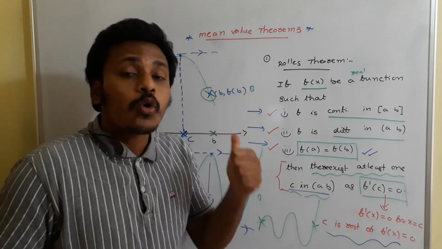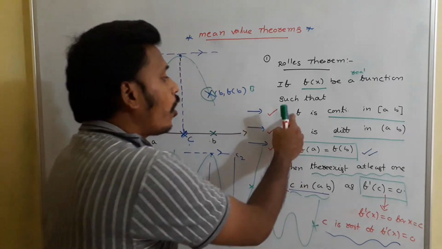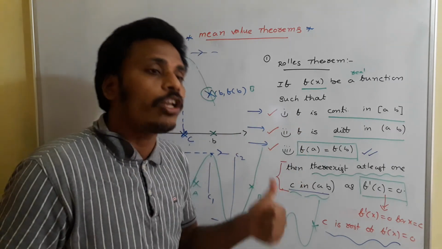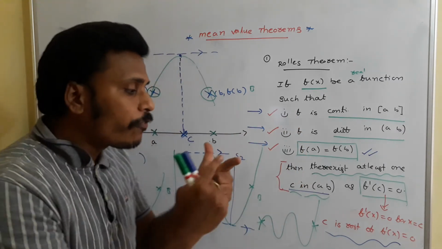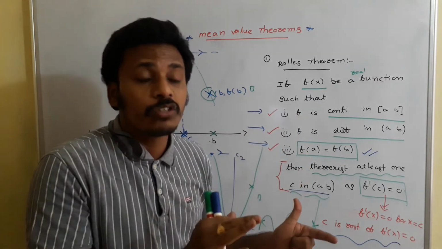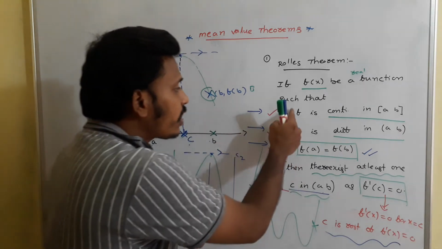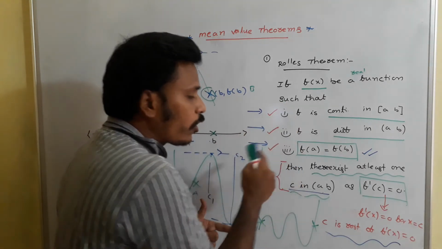First thing is, Rolle's theorem is applicable only if the function is satisfying all these three conditions. Then only we will apply, right? If it fails in satisfying any one of these three conditions, then don't apply this Rolle's theorem.